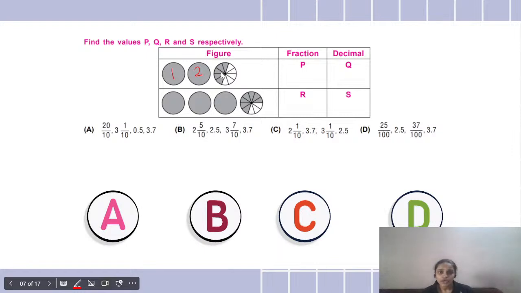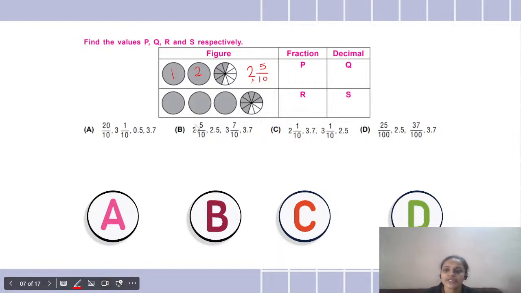And here out of 1, 2, 3, 4, 5, 6, 7, 8, 9, 10, out of 10, I have 5 that are shaded. So what is my fraction over here? 2 and 5 upon 10, right? And if I put this into an improper fraction, this gives me 10 multiplied by 2, 20, 20 plus 5, 25 upon 10.